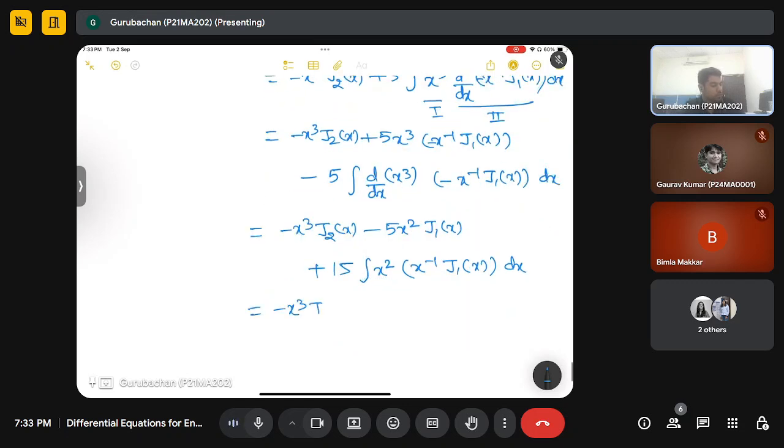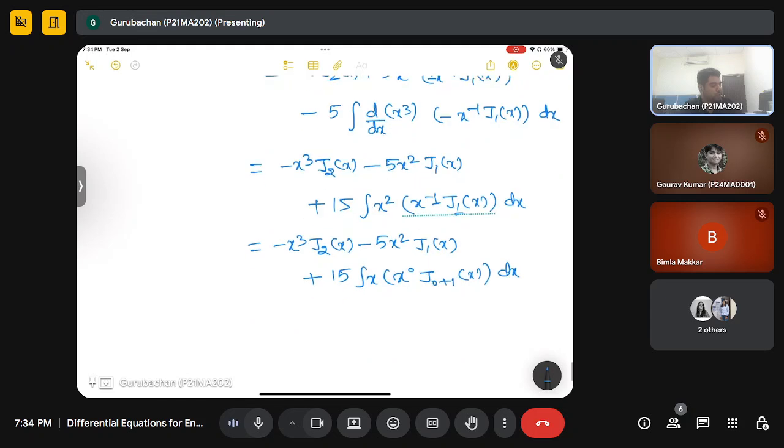Minus x cube J2(x) minus 5x square J1(x) plus, since here the index is 1 and here it should be 0, so for that we will do 15x J1(x) dx, or you can write here x to the power 0. It will be more convenient to see. So x to the power 0, 0 plus 1, x dx.